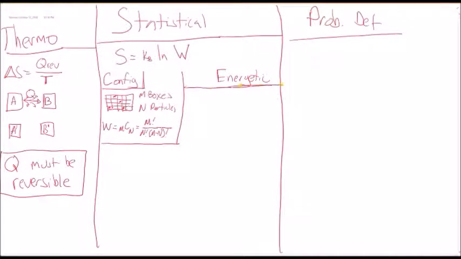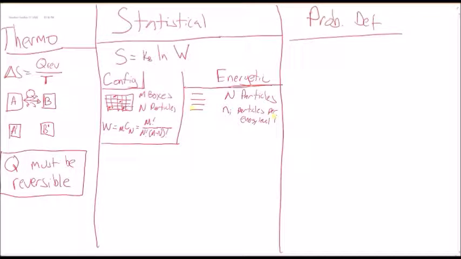For energetic multiplicity, we should think of the example of multiple energy levels like this. And we have N total particles. Now these particles are distributed among the energy levels, and we have little n sub i particles per energy level i.